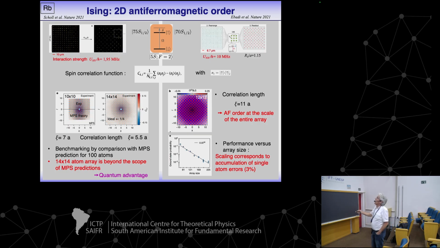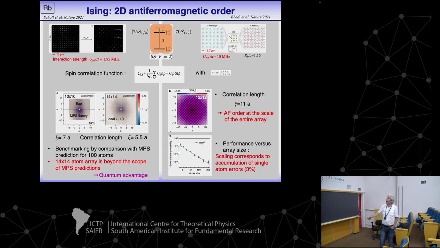So you calculate the average of the product of n minus the product of averages, and then you plot it in 2 dimensions as a function of these two indexes, which represent the distance between the 2 points for which you look at correlation. So you measure this by averaging over the whole lattice, and you get, in both experiments, some checkerboard shape correlation function pattern, which is clearly characteristic of antiferromagnetic order.